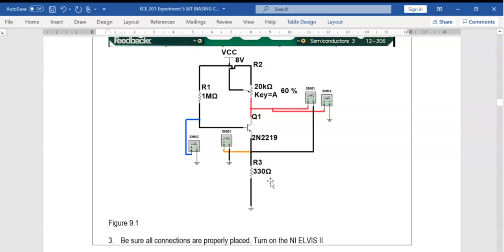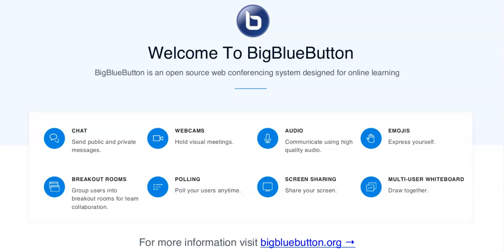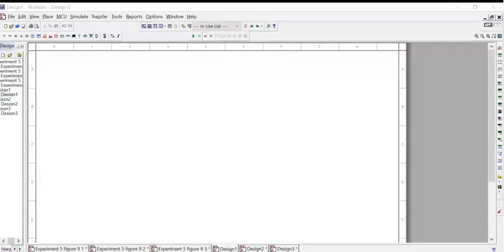We will use four digital multimeters. So let us connect this one. We need a supply.